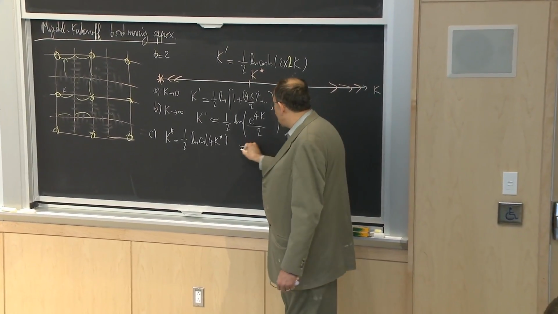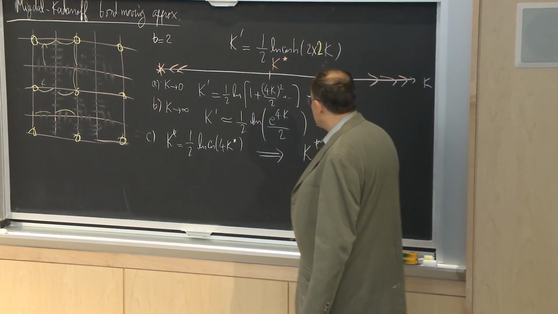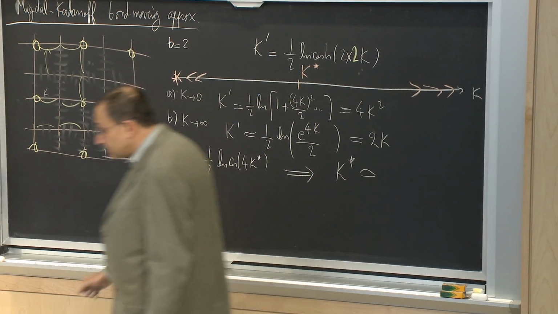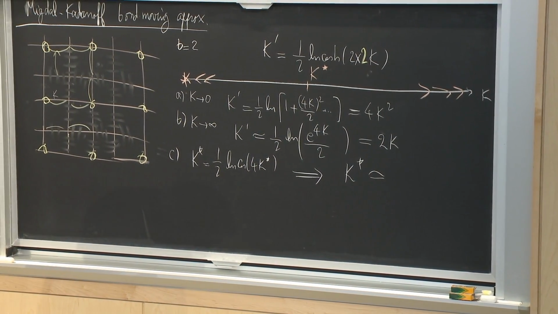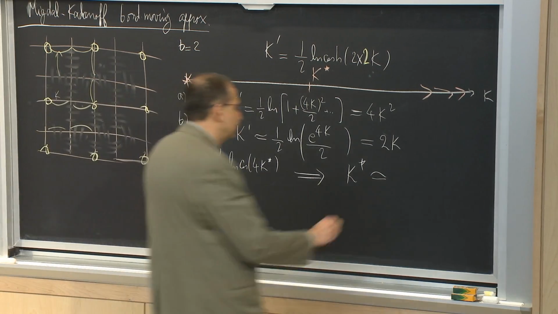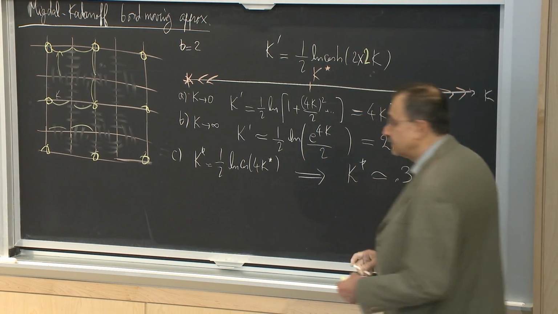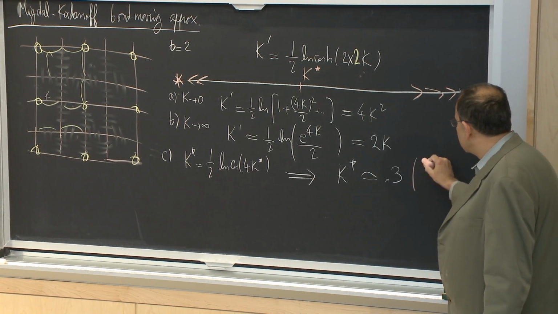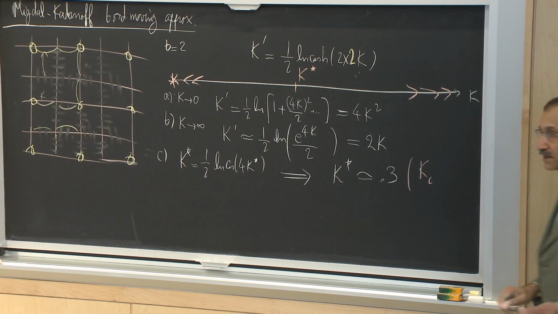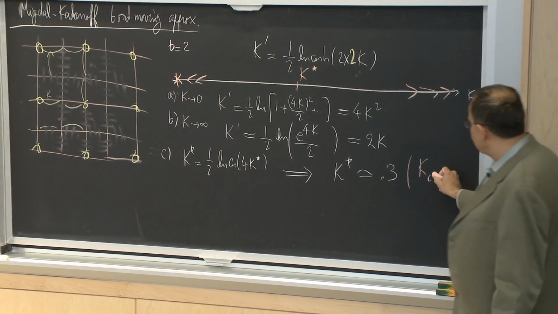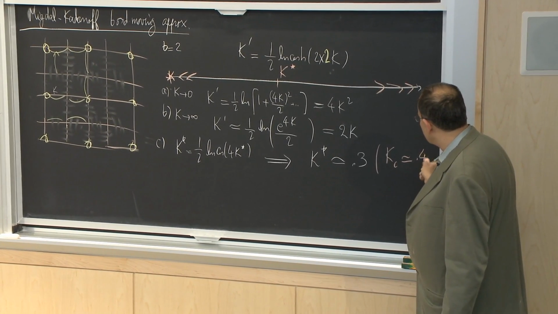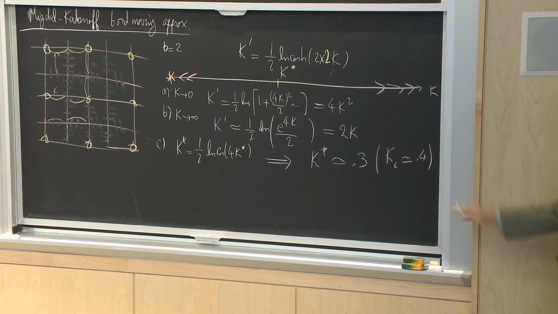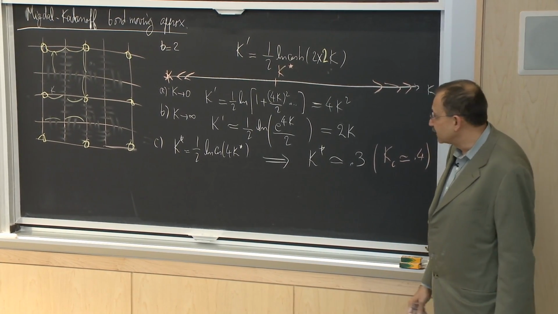And after you do your algebra, you will eventually come up with a value of k star, which I believe is 0.3. Okay, you can ask, well, the square lattice we will solve in class. I said the triangular lattice I will leave for you to solve. Kc for the square lattice is something like 0.44. So you are off by about 25%.